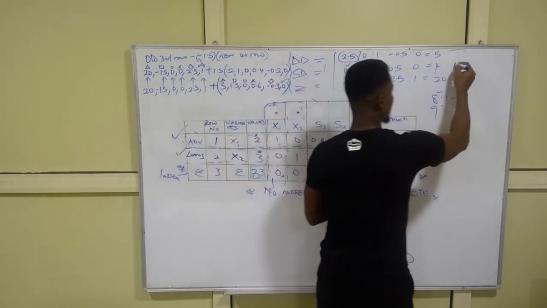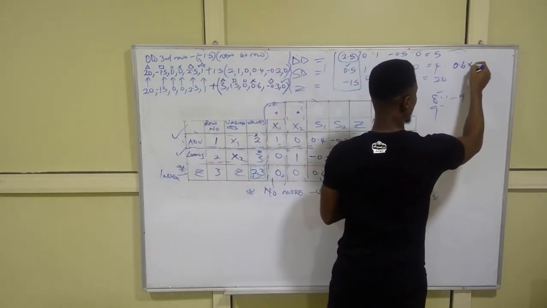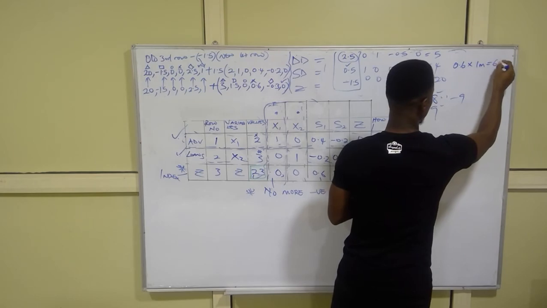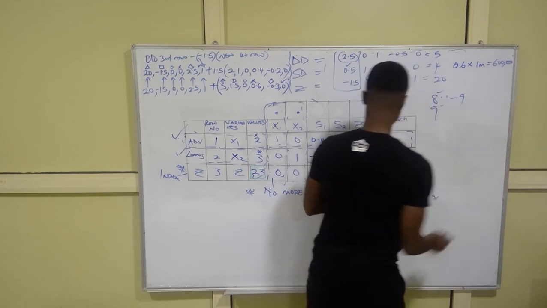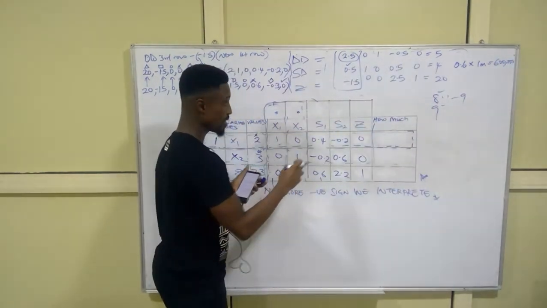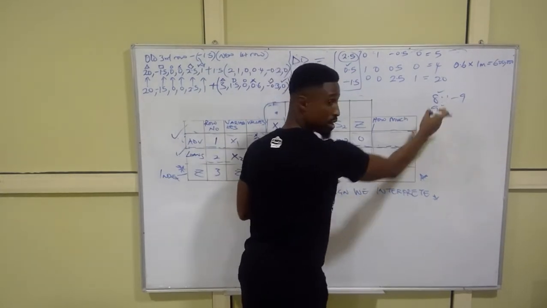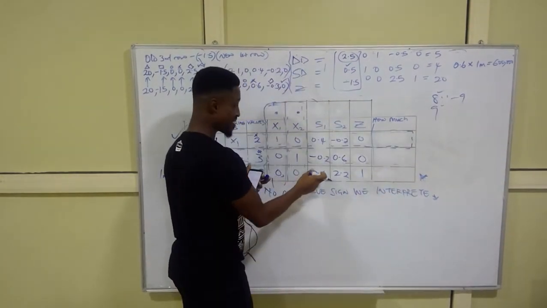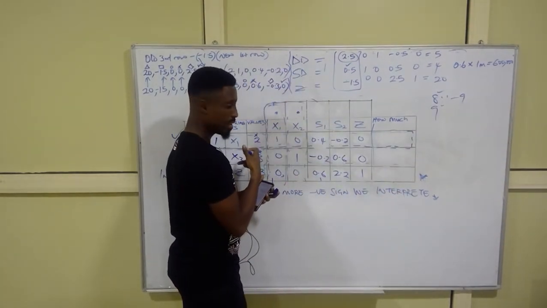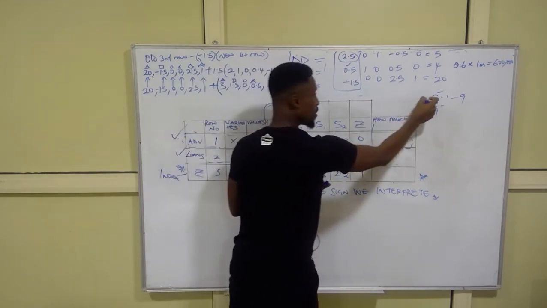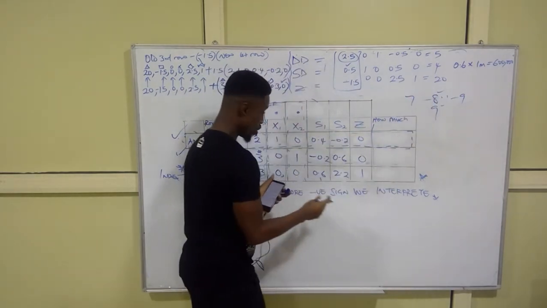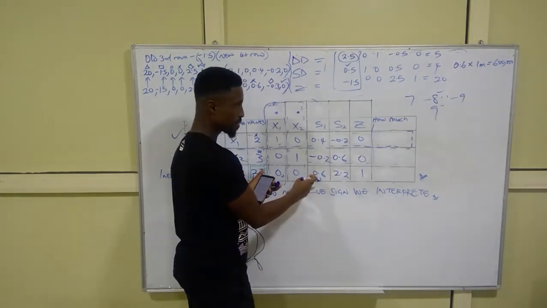So 0.6 times 1 million is giving you 600,000. So if you increase this from 8 million to 9 million, you will get an extra 600,000 on whatever you're getting. However, if you reduce it from 8 million to 7 million, you're going to lose 600,000.